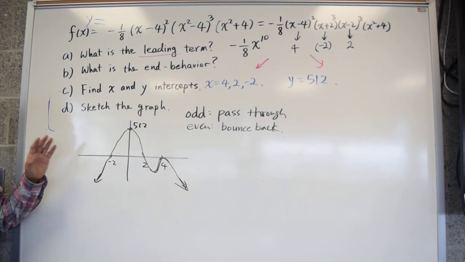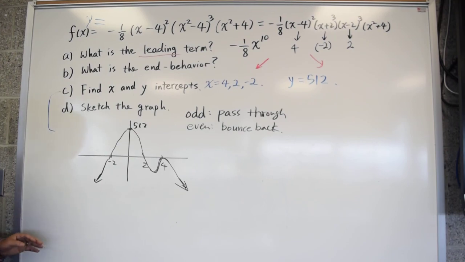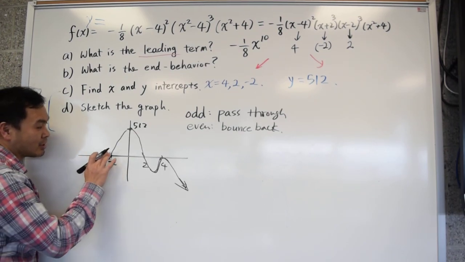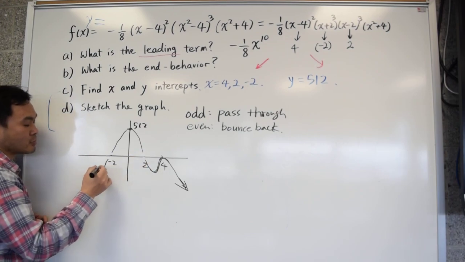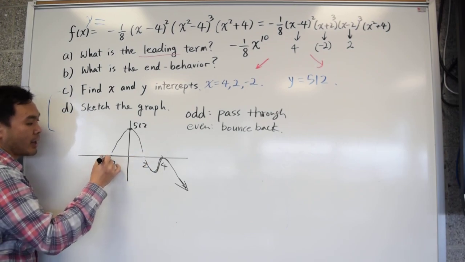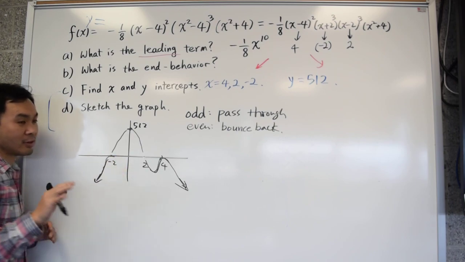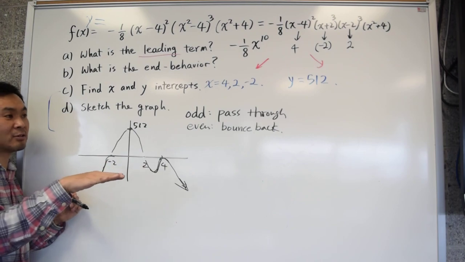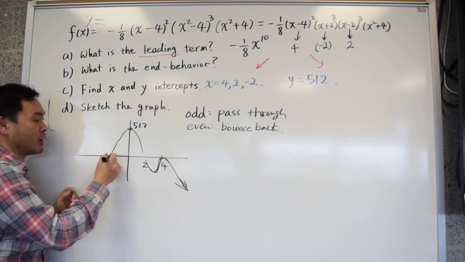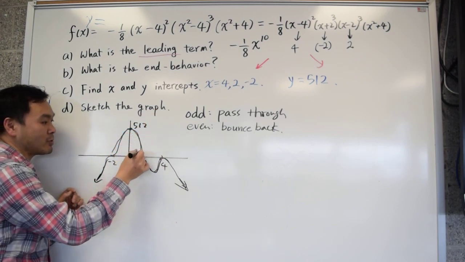Now, if you actually use the graphing calculator, you're going to see something slightly different, which is that at these points, the graph actually touches, it becomes tangential to the x-axis briefly and then goes up.